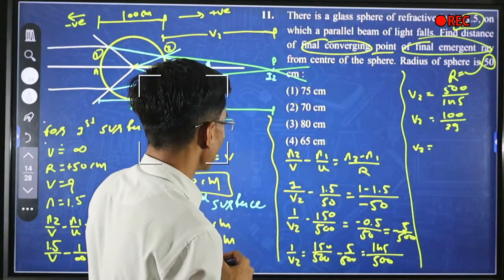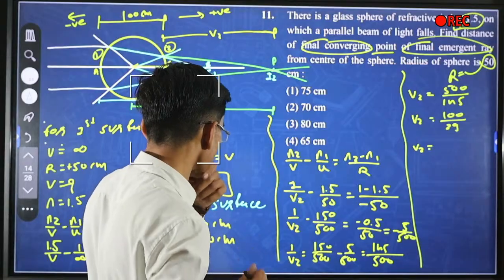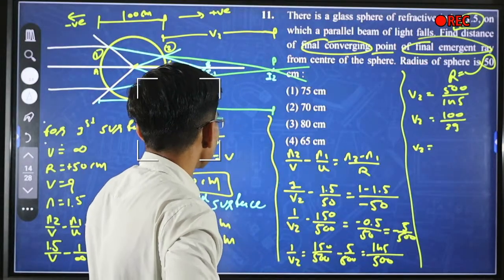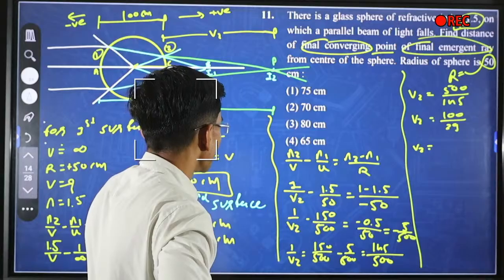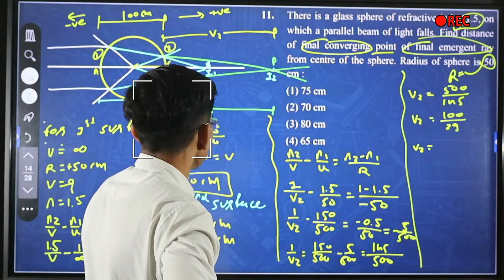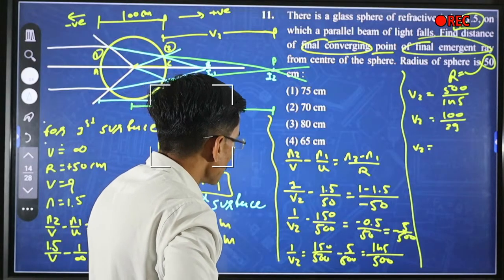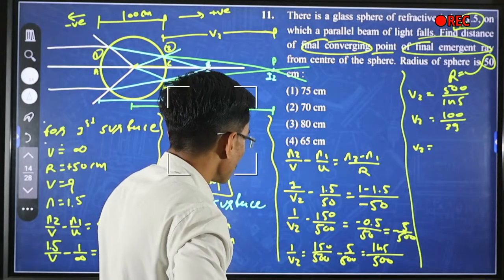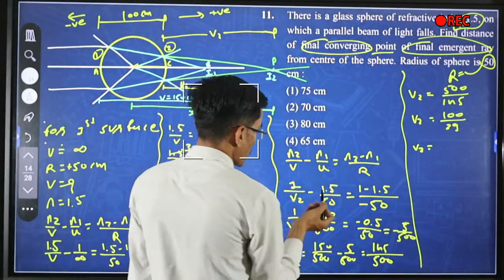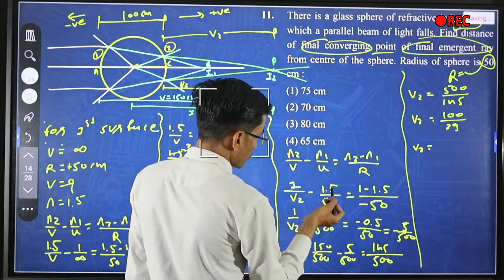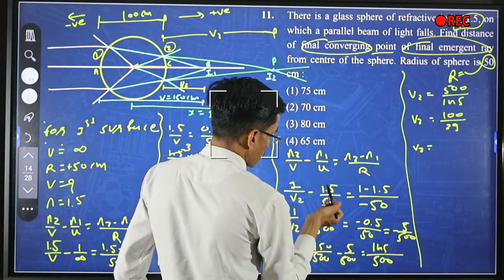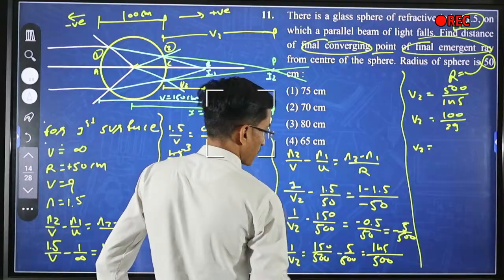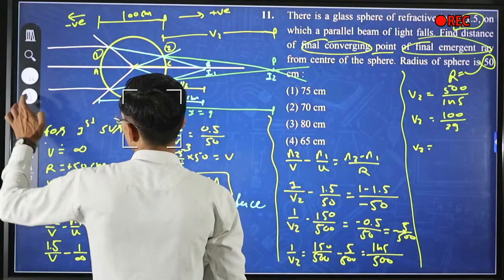I think we made a mistake. n2 is equal to 1, n1 is equal to 1.5, u is equal to 50. Here 1.5, we considered as 150. Here it should be only 15 divided by 500. Okay, some calculation mistake here.